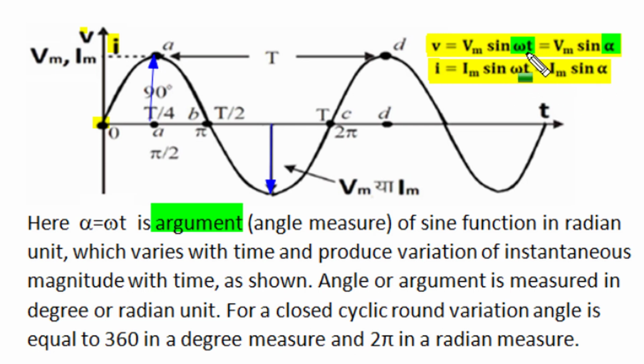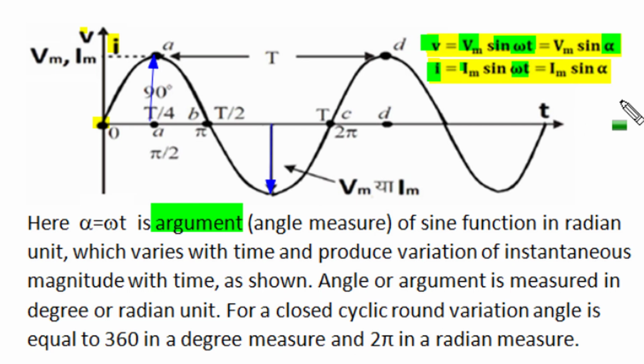Alpha is equal to omega t, and the sine of that angle alpha or omega t, when multiplied with the peak magnitude, gives us the instantaneous magnitude. So the instantaneous value of a sinusoidal current is given as Im multiplied by the sine of a time function known as the argument.